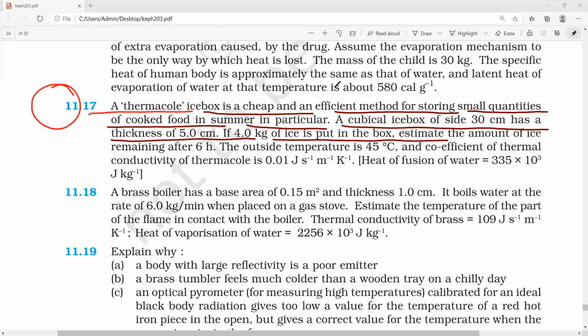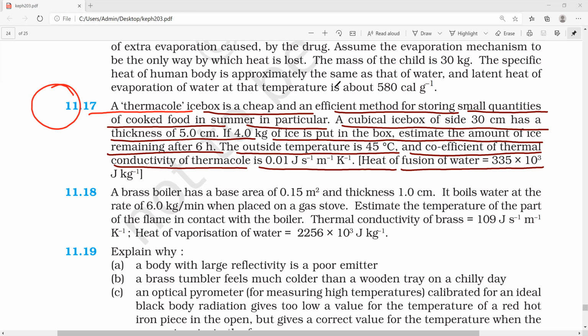If 4 kg of ice is put in the box, estimate the amount of ice remaining after 6 hours. The outside temperature is 45 degrees Celsius and coefficient of thermal conductivity of thermocol is 0.01 joules per second per meter per Kelvin. Heat of fusion of water is 335 into 10 to the power of 3 joules per kg. So let us see how to solve this one.